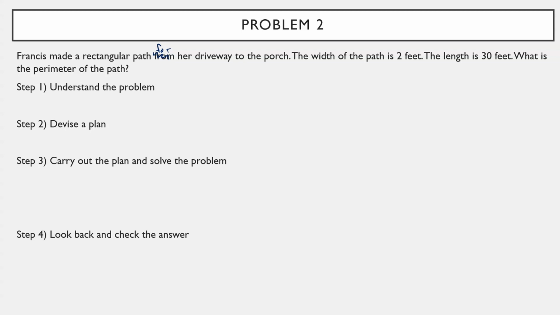All right, so think about this. So rectangular path, okay? So the way I'm going to understand the problem is I might start with a visual here. All right, so it's a rectangular path. Forgive my poor penmanship there. But when we have a rectangle, this is our width and this is our length.